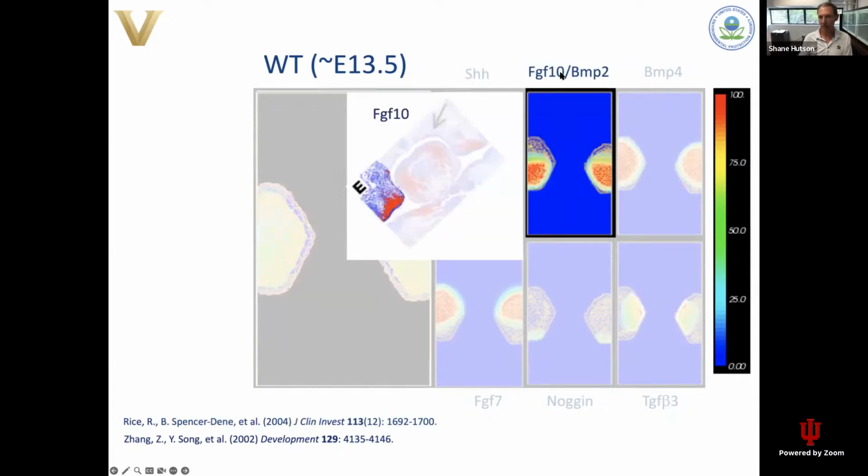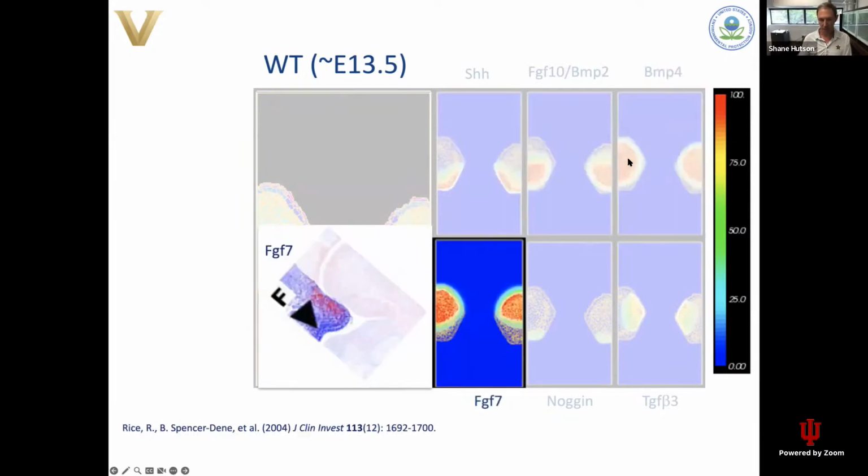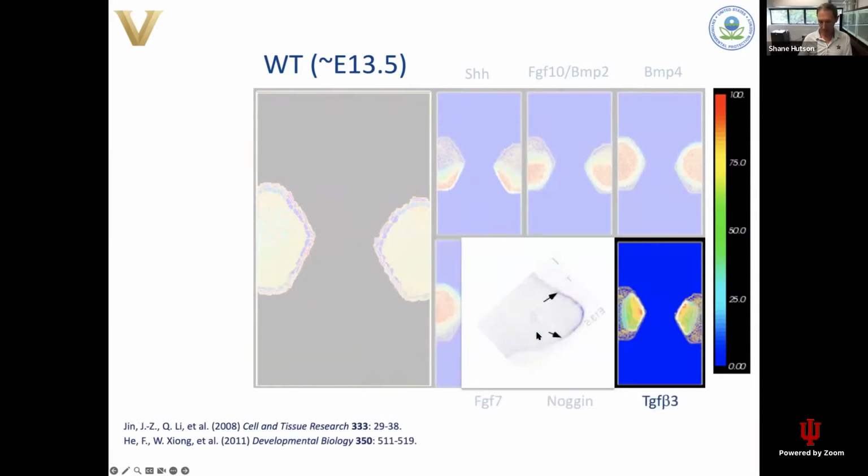If we look at FGF10 or BMP2, those are both spread throughout the oral part of the mesenchyme. BMP4 is pretty much everywhere in the mesenchyme, and that's where we have it in the model. FGF7 is in the nasal part of the mesenchyme. Noggin is expressed in the oral part of the epithelium.